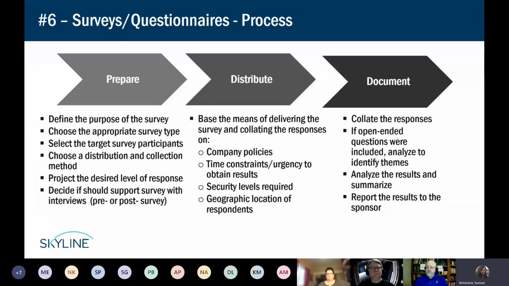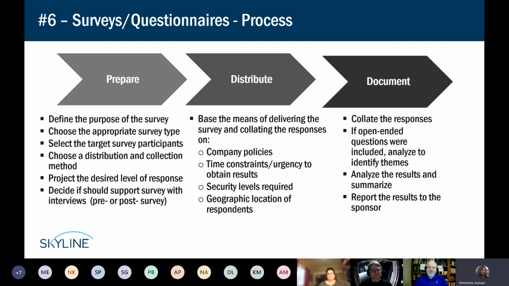To prepare a survey, you obviously just decide what the purpose of the survey is. Prepare your survey questions, choose a target audience, and choose how you're going to distribute the survey. Obviously, most people aren't doing the old school, mail it and then wait for it to come back.